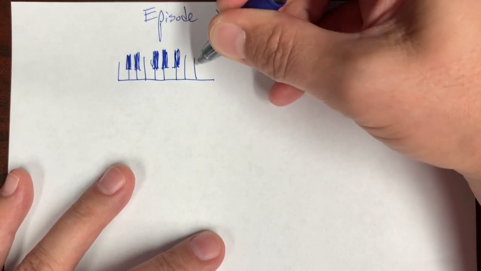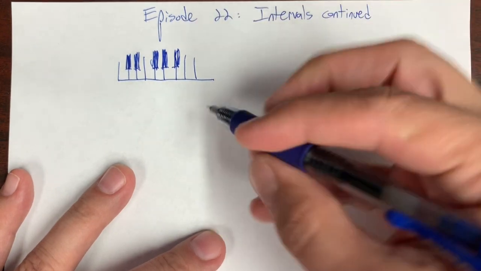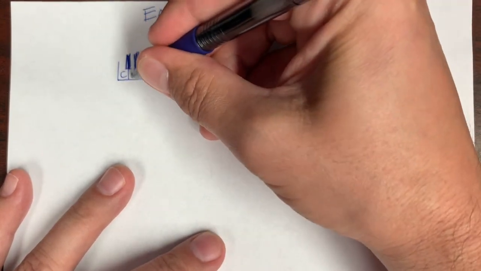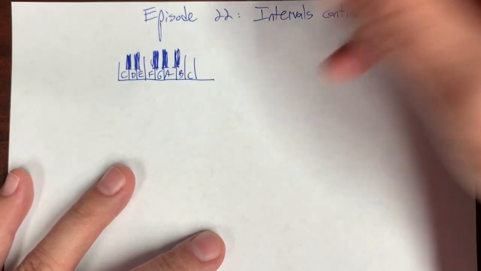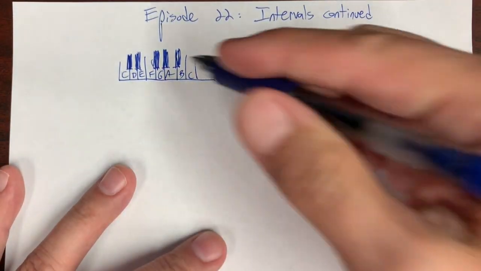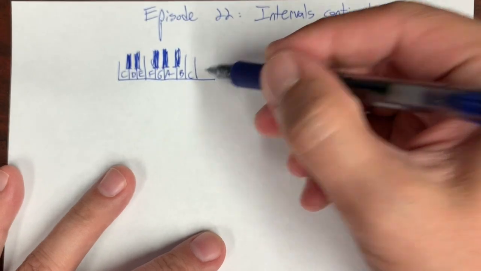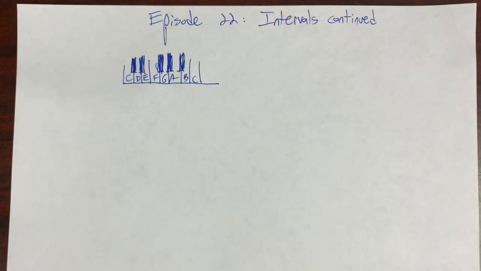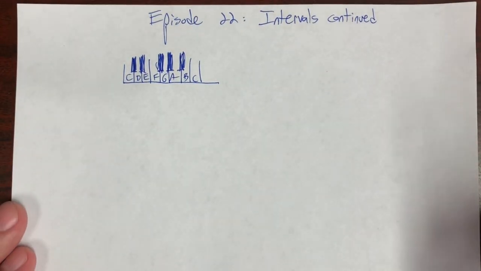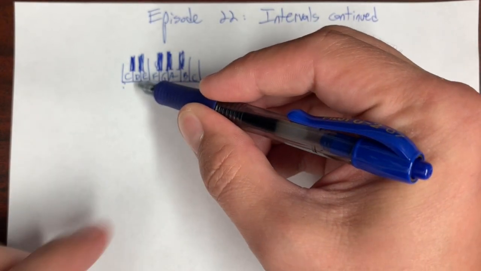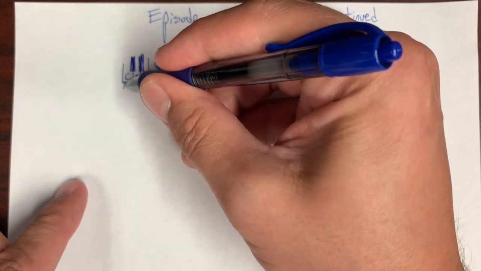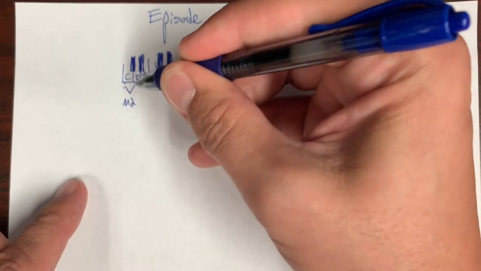Look, it's a keyboard. You guys have seen these before. Here's C, D, E, F, G, A, B, and C. And if you start on C and play up to the C, you just played a major scale. That means every interval from the bottom C to each of these notes: from C to D is a major second.